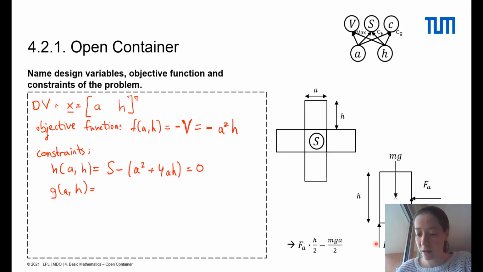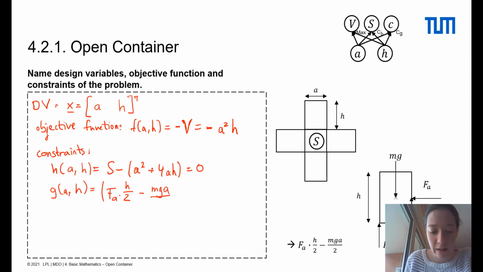So the moment created by FA isn't larger than FA times this, and mg, we got this. So we get an equation like FA times h halves minus mga over 2, and that has to be smaller or equal than 0.